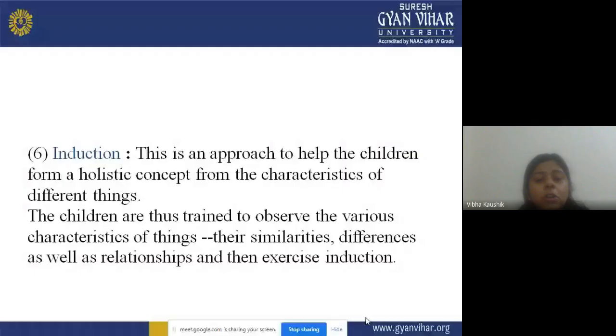Now, induction. This is an approach in which children form a holistic concept from the characteristics of different things. Induction is an approach which can be used by the teacher to help the children form a holistic concept, the whole concept of a particular thing, from the various characteristics of different things.